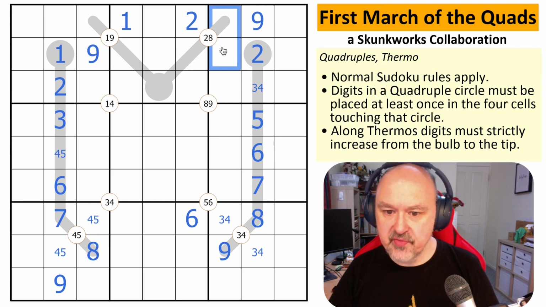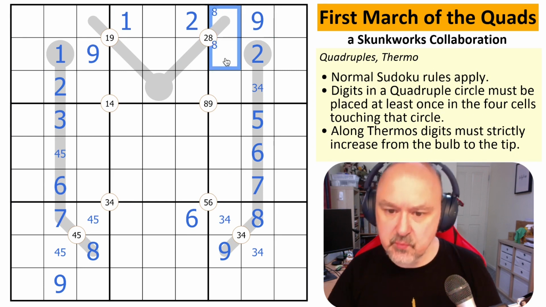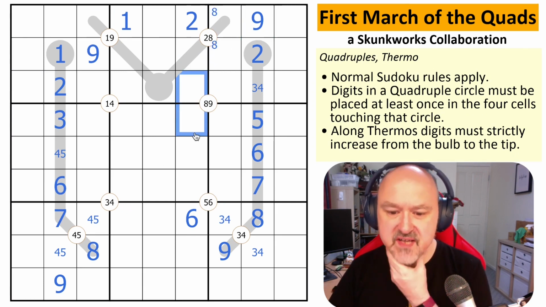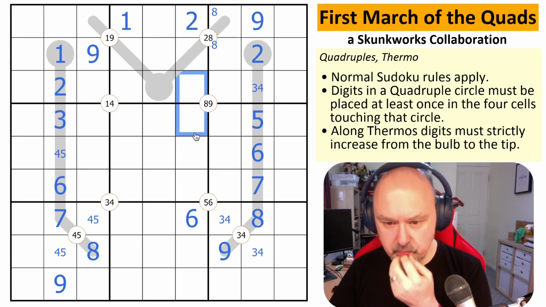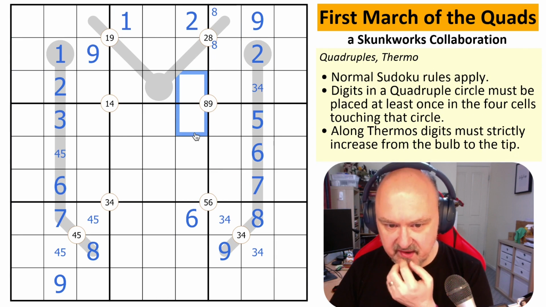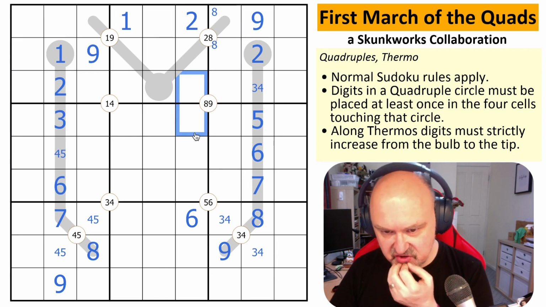Eight is in one of those 2 now. Because I can't put 8 here, because 8 here requires 9 here for the thermo, and there's already a 9 in the box. So 8 is in one of those 2, which puts 8 in one of those 2. Pencil marking across boxes. A constant quadruple challenge.